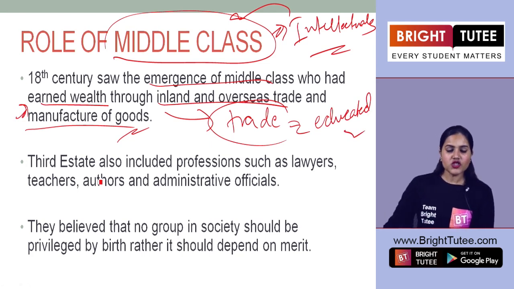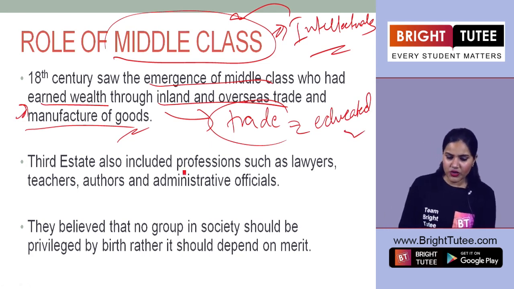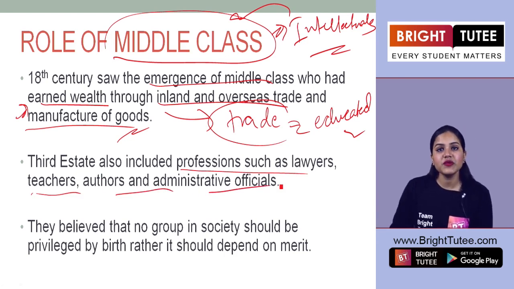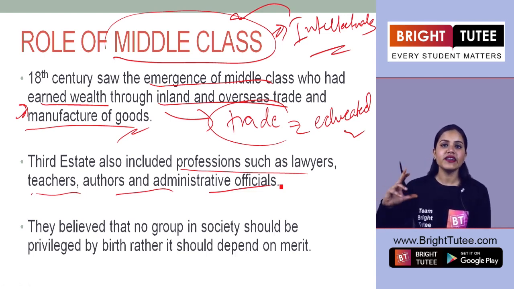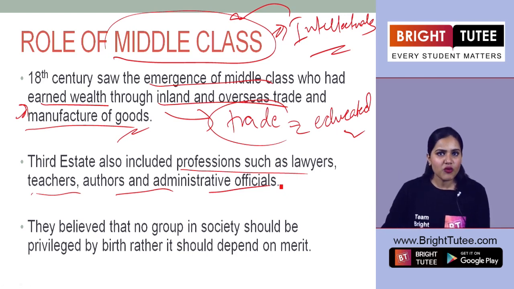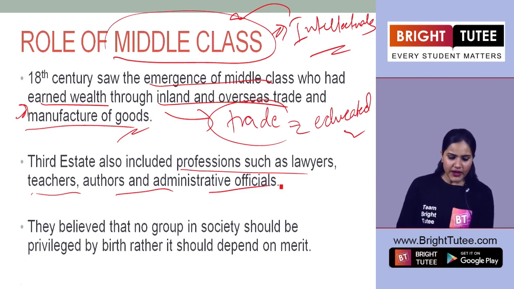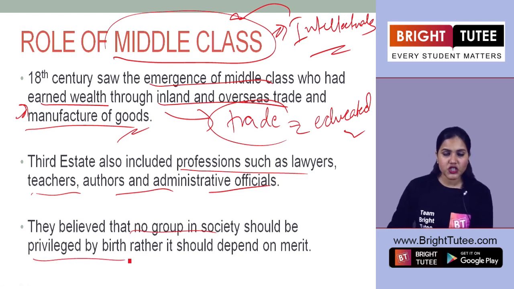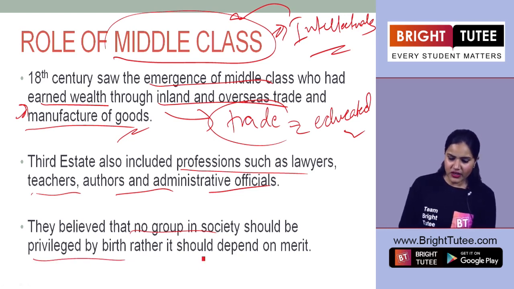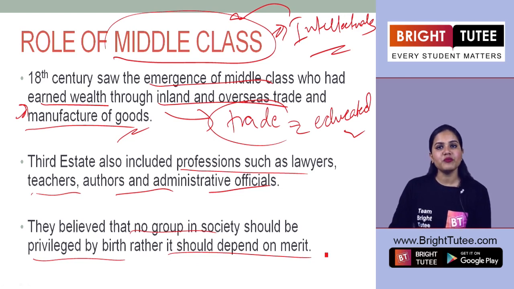Okay. So the third state, it also included professions such as lawyers, teachers, authors, administrative officials, and so on. So all these professional people, they now were building a new idea among themselves. Now what was that? So according to them, no group in society should be privileged by birth. Rather, it should depend on merit.